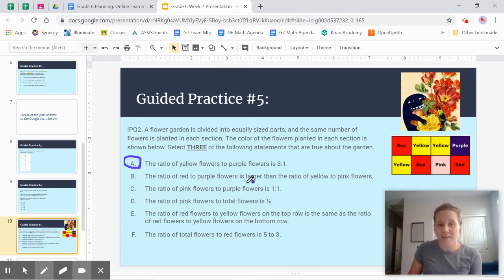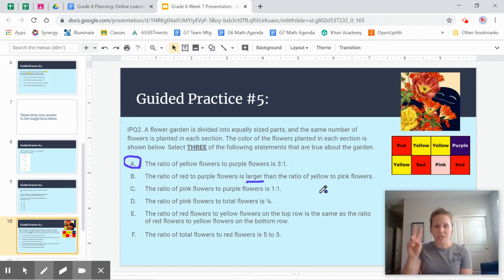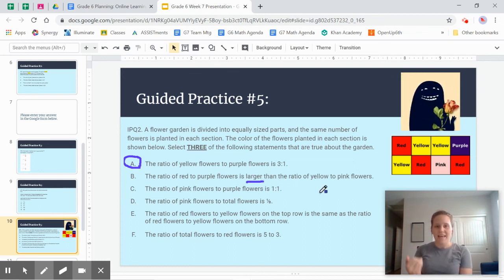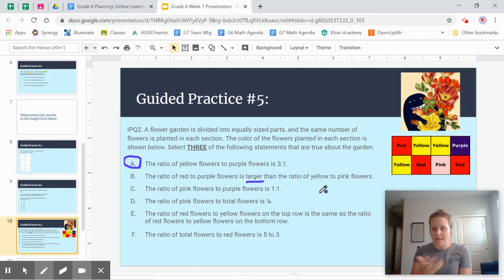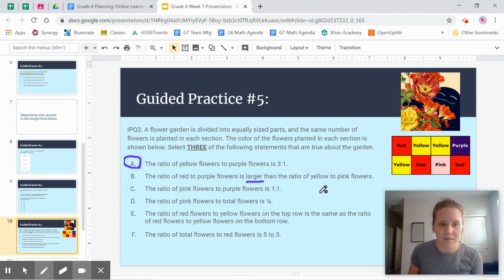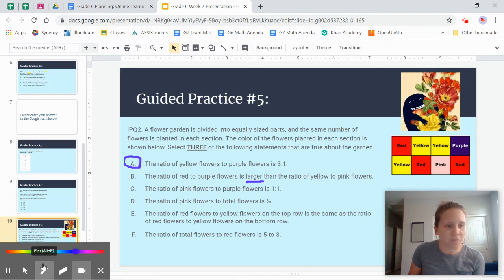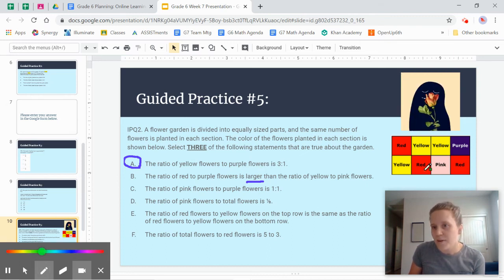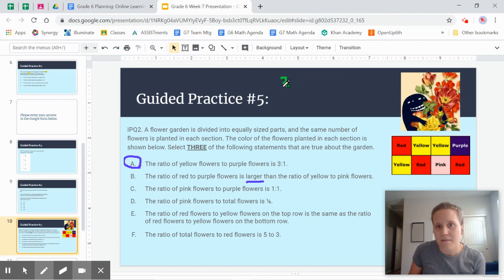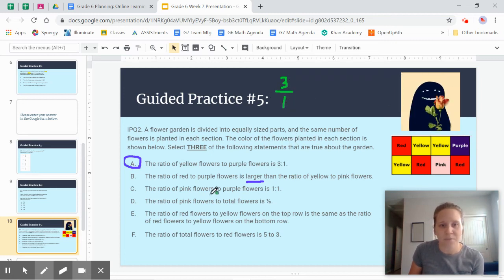In order to compare size of ratios, I'm actually going to write both ratios and then think of their size like you would a fraction, okay? So red to purple, what's the ratio of red to purple? Red has 3, purple has 1. That's the ratio of red to purple.